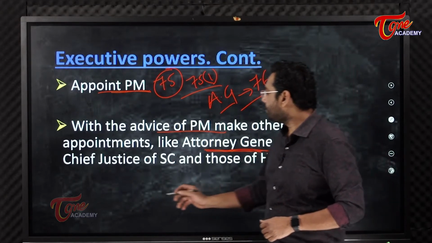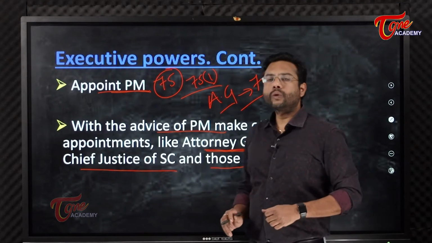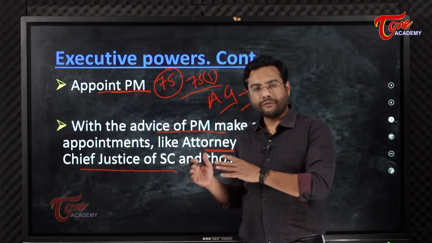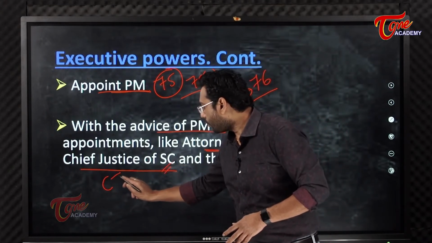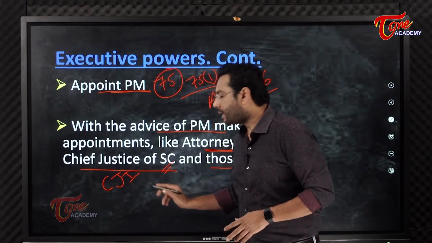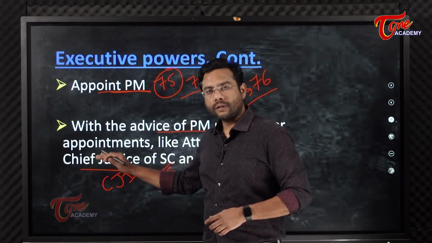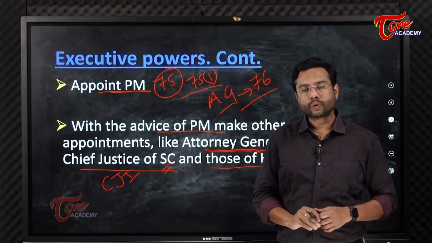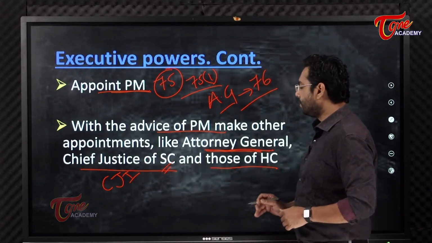And we have the Chief Justice of the Supreme Court and those of High Courts. Chief Justice of India, that is the Chief Justice of the Supreme Court, CJI, is appointed by the President. Not only the Chief Justice of India, but also other judges of the Supreme Court are appointed by the President.